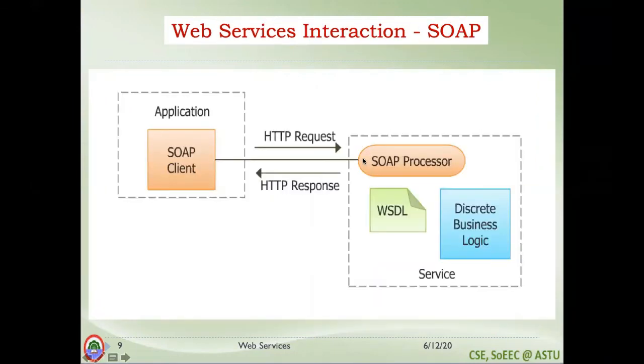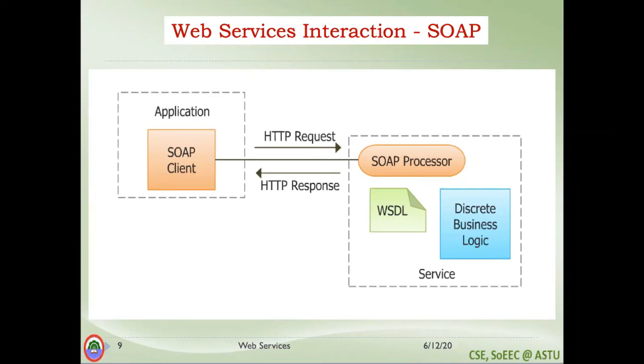It's very simple. It generates the request, and that will be transmitted over the HTTP protocol, request and response. From the server side, the service side, there are two elements. The message will be received by the SOAP processor, or message processor. The SOAP processor will take the message and process it, whatever the structure of the SOAP message is.